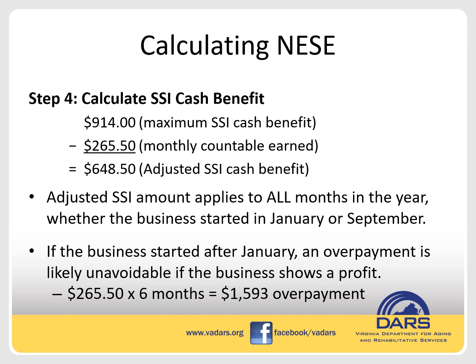If the business started after January, and we said in this case it did, she's going to start working in, say, June. And overpayment is likely unavoidable if the business shows a profit. So even though she's only starting to work in June, because Social Security is required to look at all 12 months out of the year, what they're going to say is, between January and June, she should have had a countable income of $265.50 monthly that counted against the SSI check, and she received the whole $914.